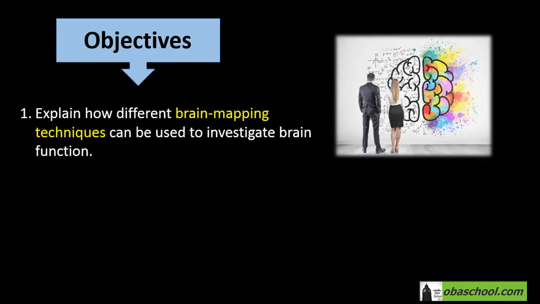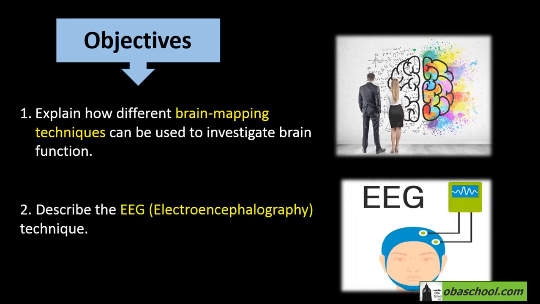By the end of this tutorial, you guys will be able to explain the different brain mapping techniques. Moreover, you guys will be able to describe the first brain mapping technique, which is the EEG.